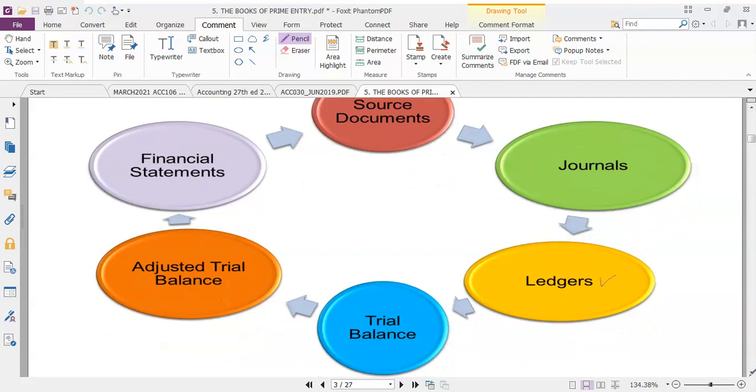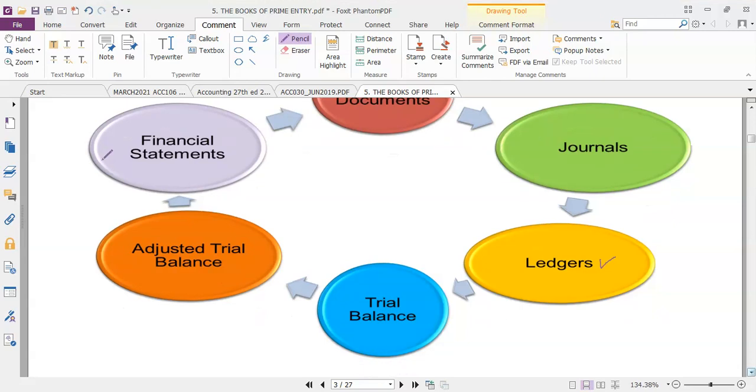After you do the ledgers, you must know how to open a trial balance. Trial balance we will cover next week. Then we must do the adjusted trial balance. After that, lastly, we must prepare financial statements.